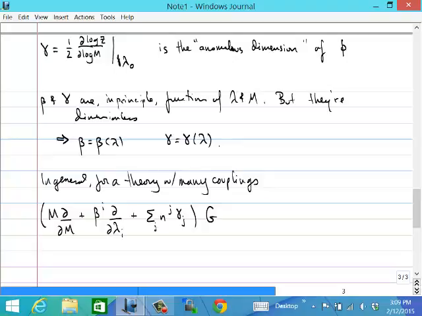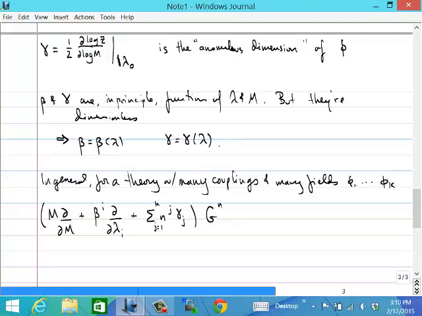So let's say that we have a Green's function where we have many different types of couplings and many different fields. Let's call them, say, phi 1 up to phi k, labeled by an index j.